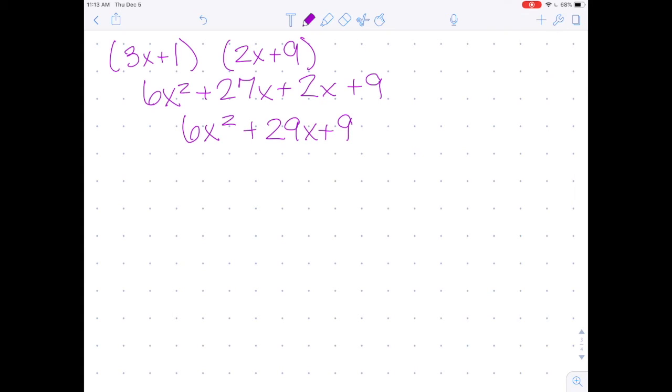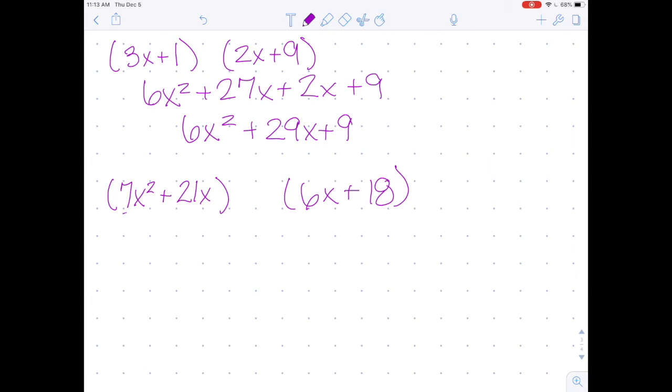Okay, then if you have an x squared, like 7x squared plus 21x and 6x plus 18. Okay, this one has x squared in it.